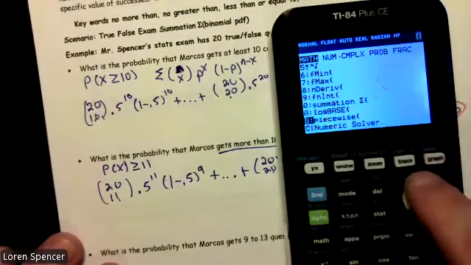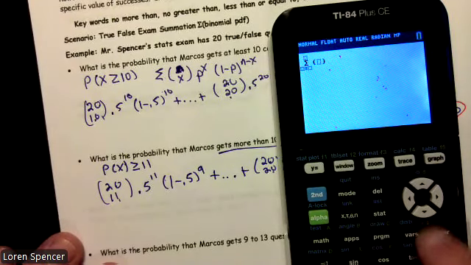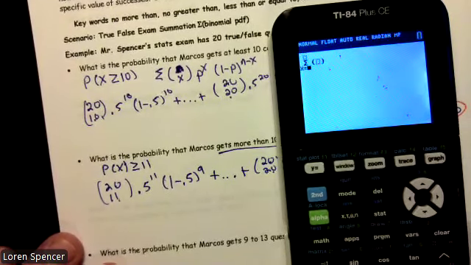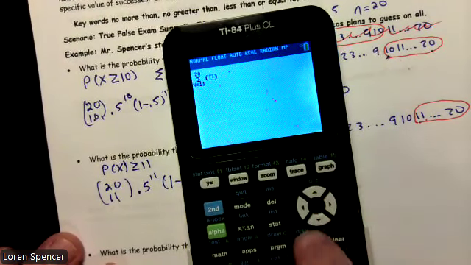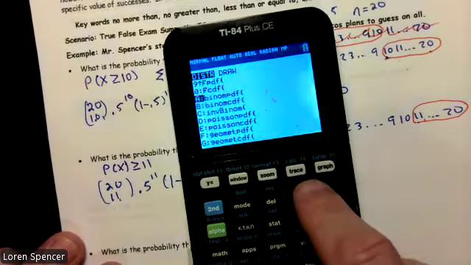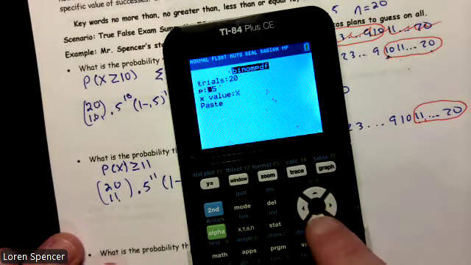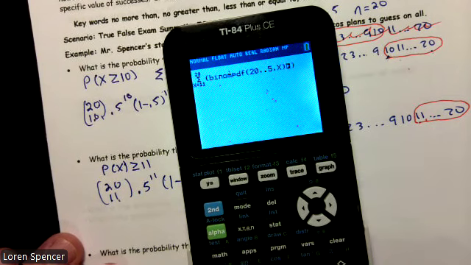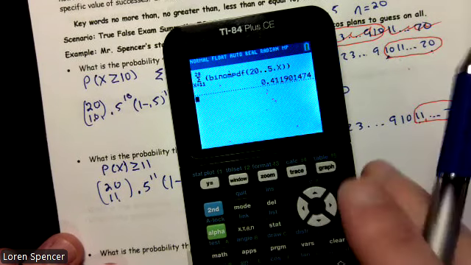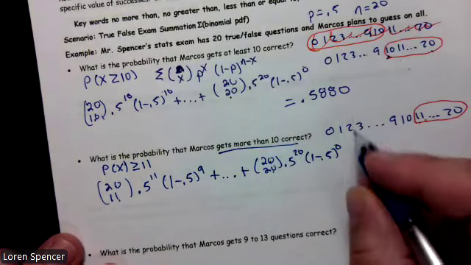Math, enter. X, lowest value circled was 11. Highest value circled was 20. Second vars, binomial PDF. Trials is 20, p is 0.5, x value, which comes from the center button. Press enter. And we get 0.4119.